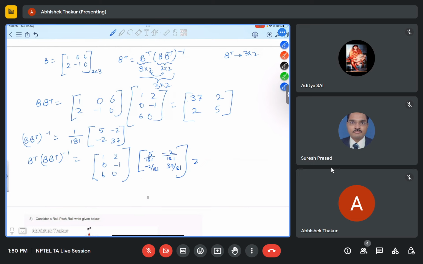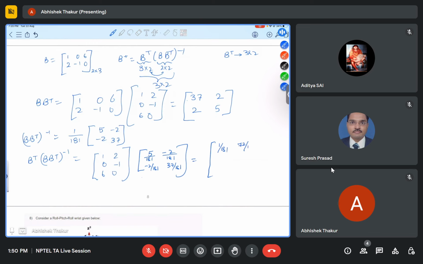After this we will get 5 by 181 and minus 4, so that is equal to 1 by 181. In the second term we will get minus 2 plus 74, that is equal to 72 by 181. Here we'll get 0 and then 2 by 181. This we will get minus 37 by 181, then 30 by 181, and this will become minus 12 by 181.